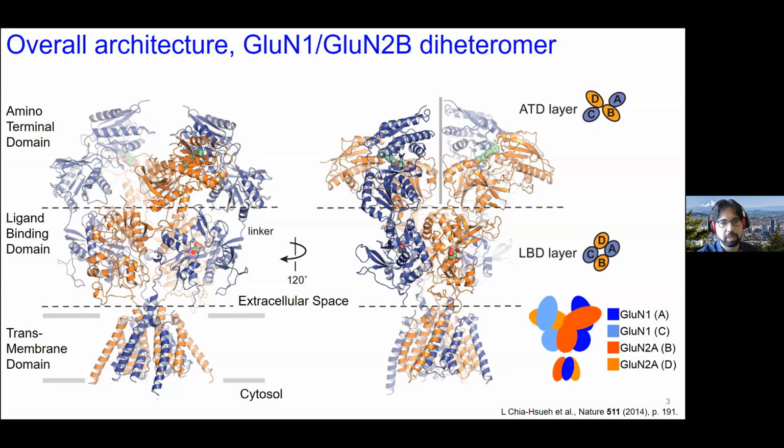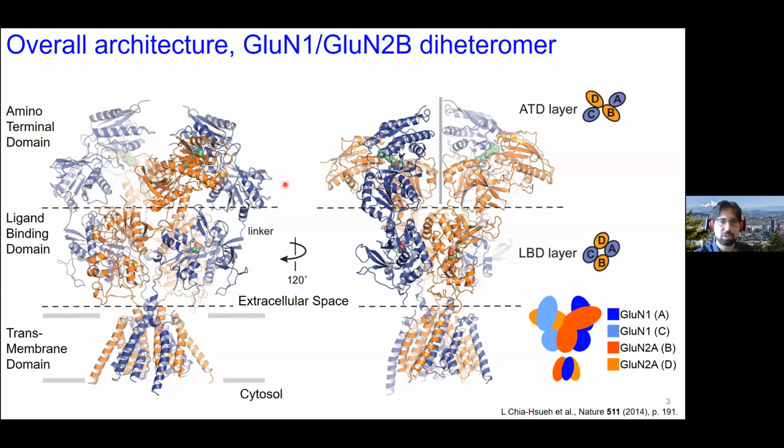And then going a little bit closer to the membrane, you have the ligand binding domains. This is where the natural ligands for the receptor, which are glycine and glutamate, bind. And binding of these ligands leads to opening of the ion channel gate in the transmembrane domain, allowing sodium and calcium to go through to the cell.